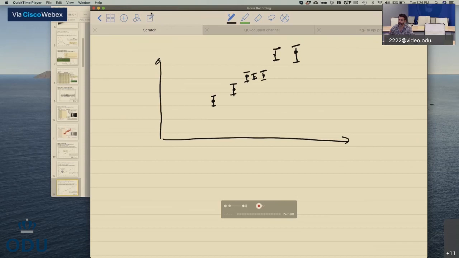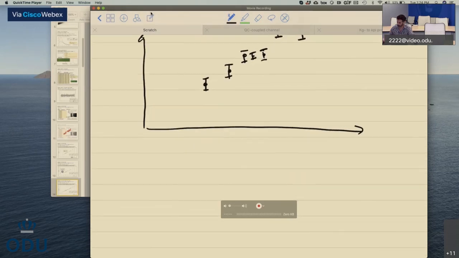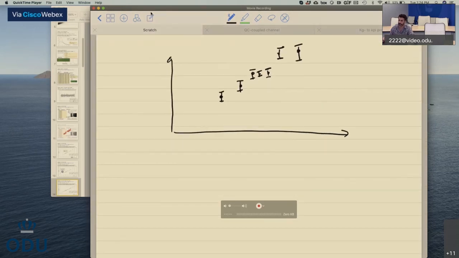Things are not right on top of each other. Things wiggle around, and that's what real data looks like. If you measure things at one point, you might measure them with more precision than at others. So perhaps at this point I determined things with some level of precision, and here I didn't determine them with as much precision. That's okay. That's normal. And so things oscillate a little bit.